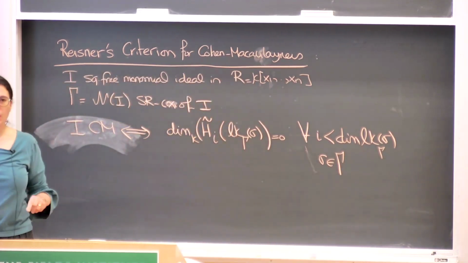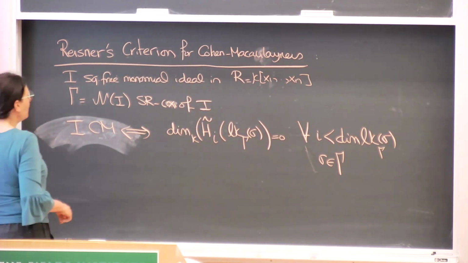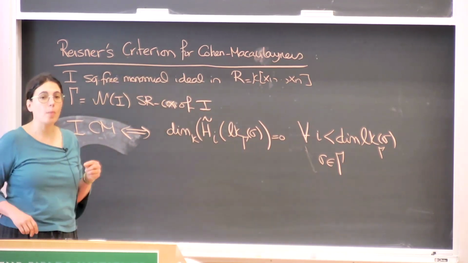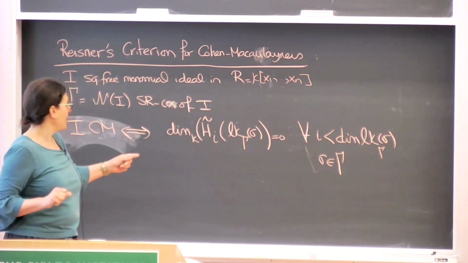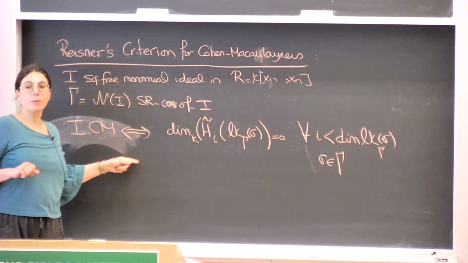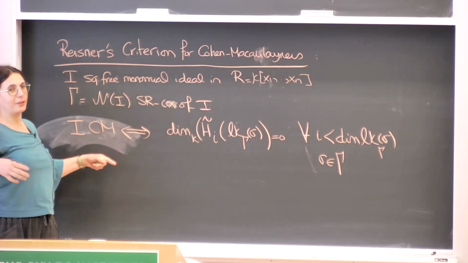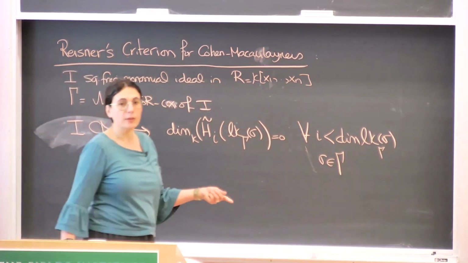Okay, so I will translate all of this for you, hopefully. But the beauty of this is that it's a criterion. And when I say there exists a homology theory for Stanley-Reisner theory, I mean simplicial homology theory, which is a translation of our regular algebra homology theory, which was done really by Hochster.